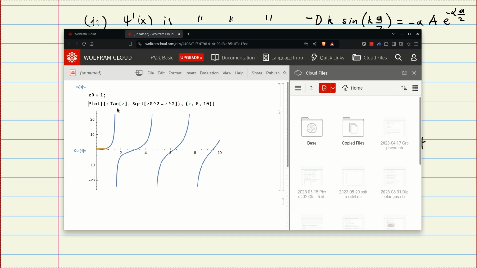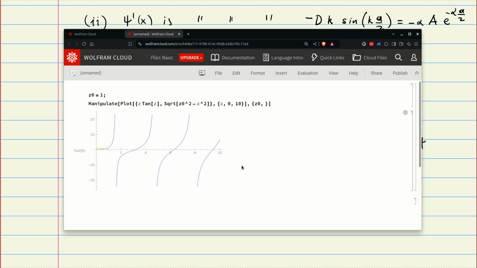What I can do is I can even tune this z naught, from 0.01 to 10, something like that.